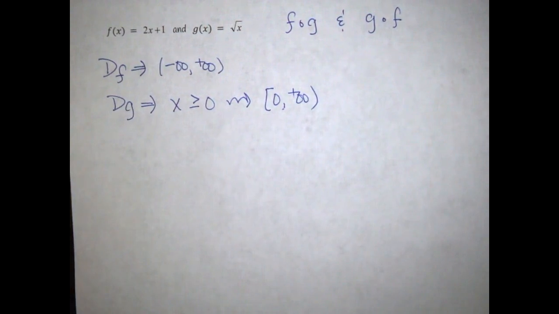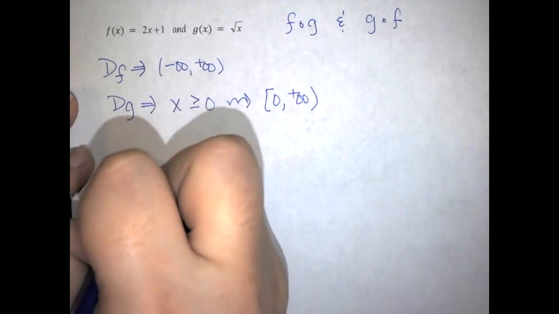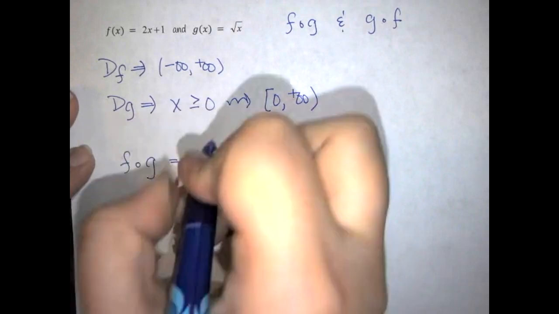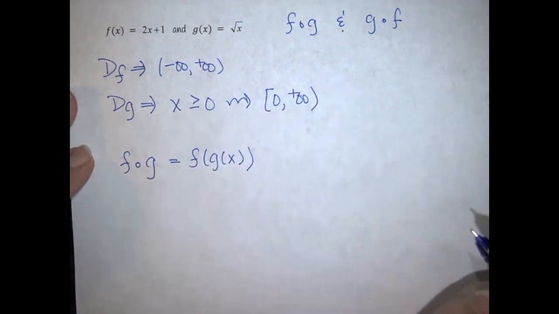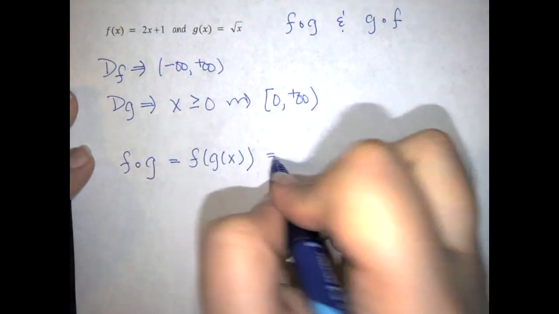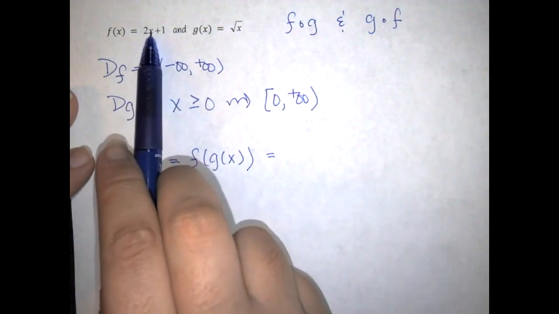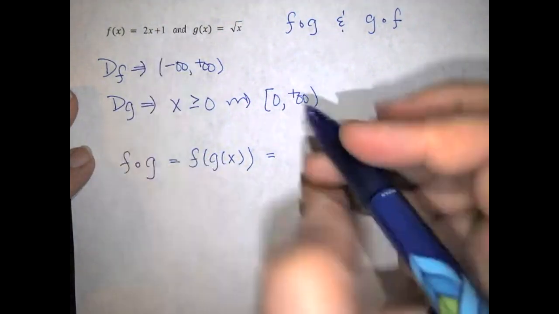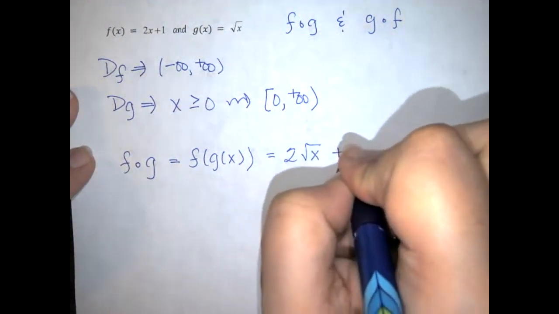Now that we know that, we need to look at what was f of g and what was g of f. So, f of g, again, remember, is f of g of x. So here, f is 2 times the input plus 1. So this is going to be 2 square root of x plus 1.